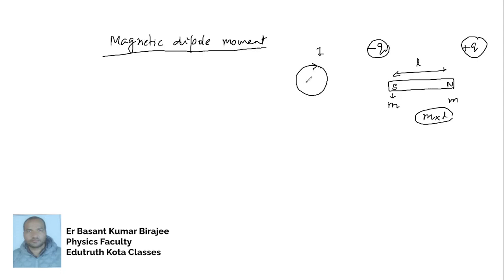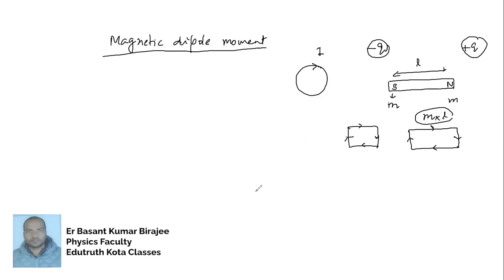It may be a circular loop, a square loop, or a triangular loop, any loop of any shape, but it carries some current. Then the loop behaves as a magnet because it produces a magnetic field.